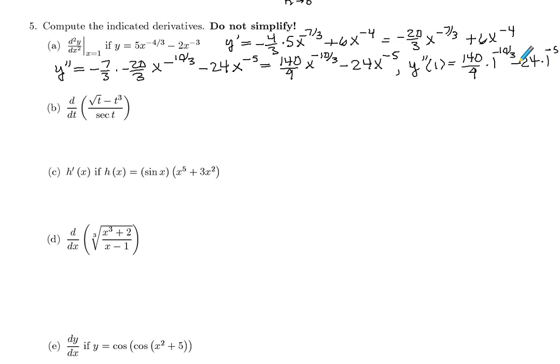But 1 to any power is just equal to 1. So all we need to do here is subtract 140 over 9 minus 24, which is equal to negative 76/9 if you do the calculator work there.